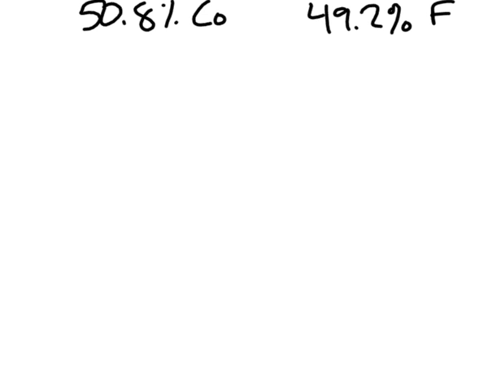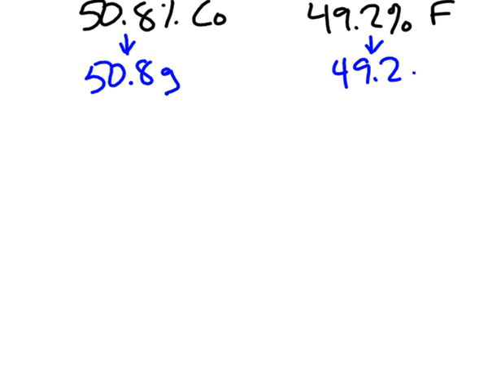It's going to be 50.8% cobalt and 49.2% fluorine. So why not make it easy on yourself and just change this to 50.8 grams and this to 49.2 grams, assuming that you had 100 grams of that substance.